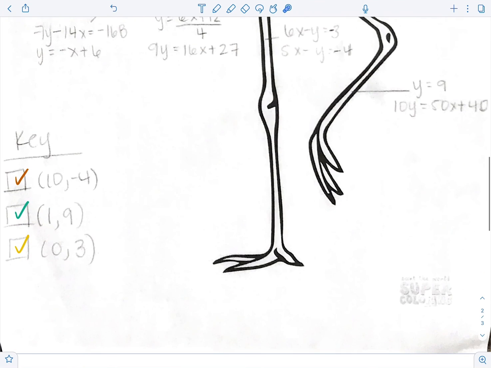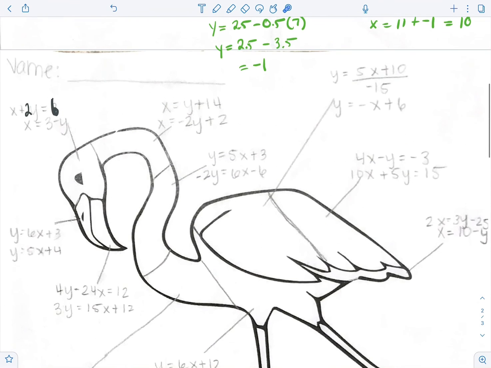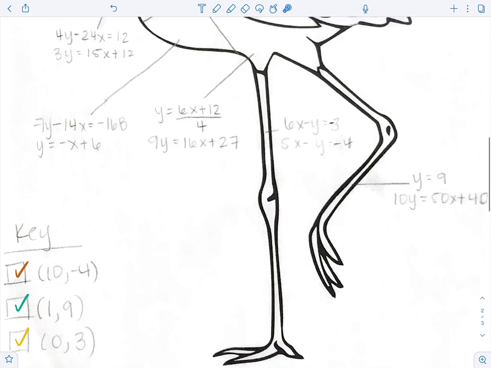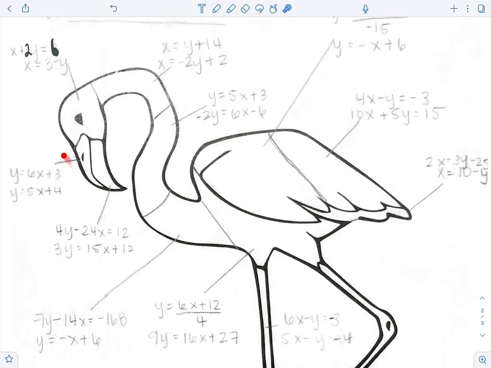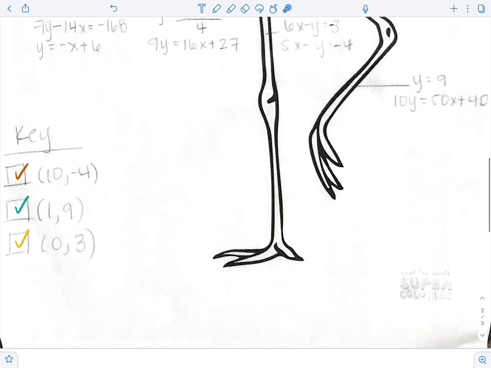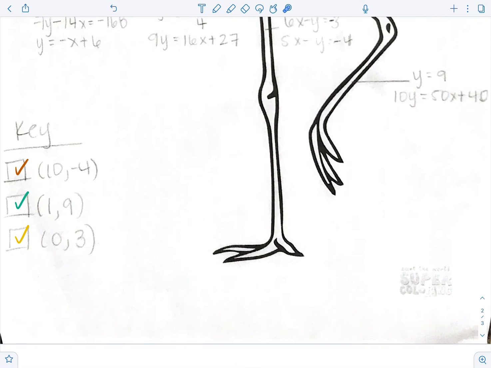And once you work it out, you're going to come up with one of these answers. Whichever answer you come up with, you're going to color this portion right here the color you selected. Then you're going to go to the next problem and work it out however you decide, and then color this portion according to whichever answer you came up with. Take some time and work on it.